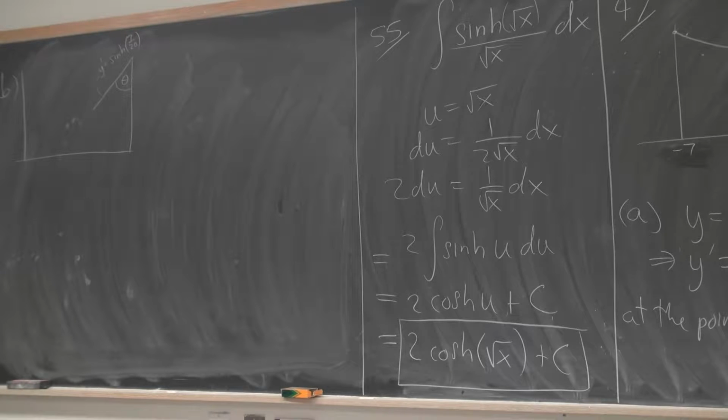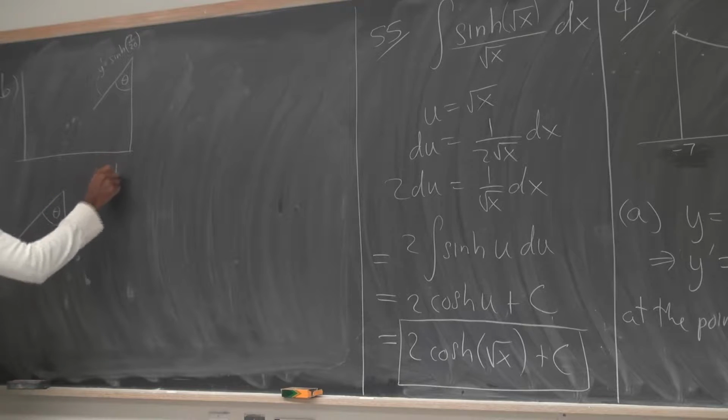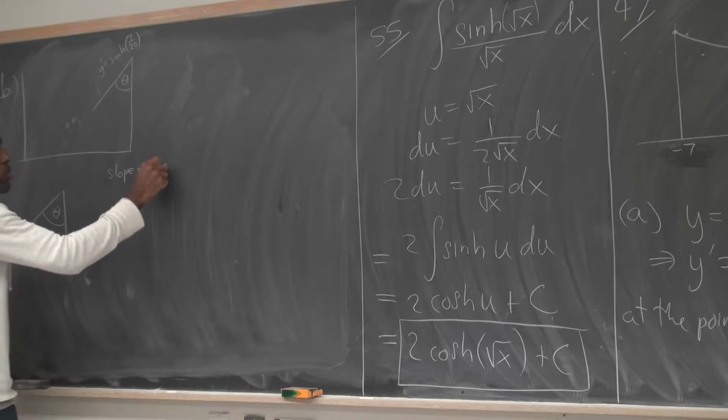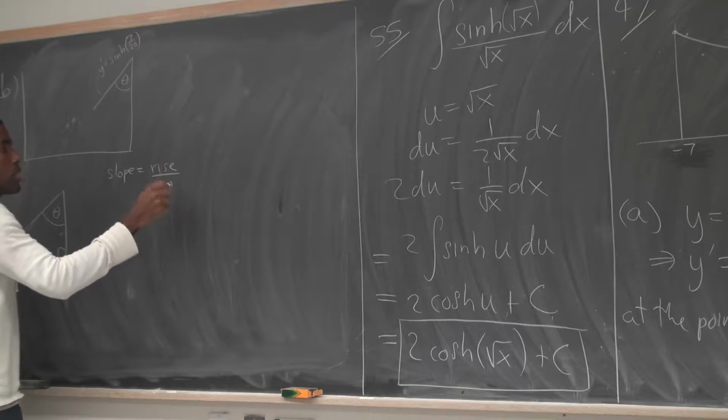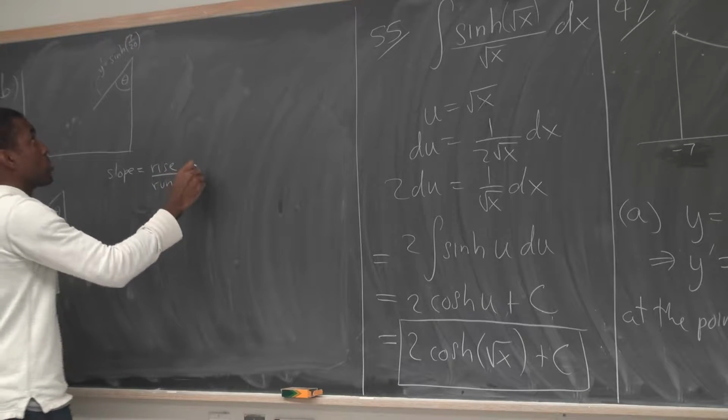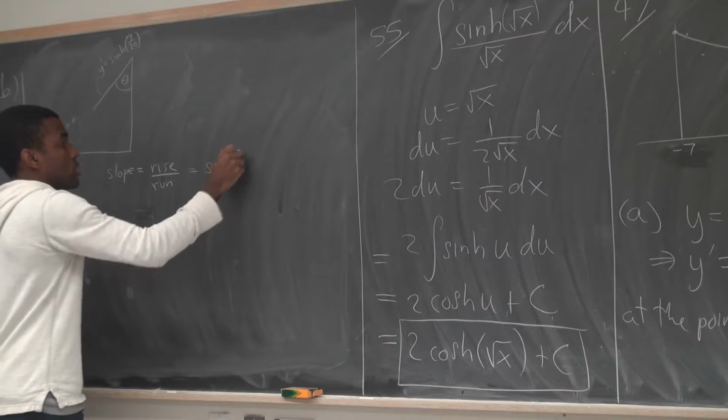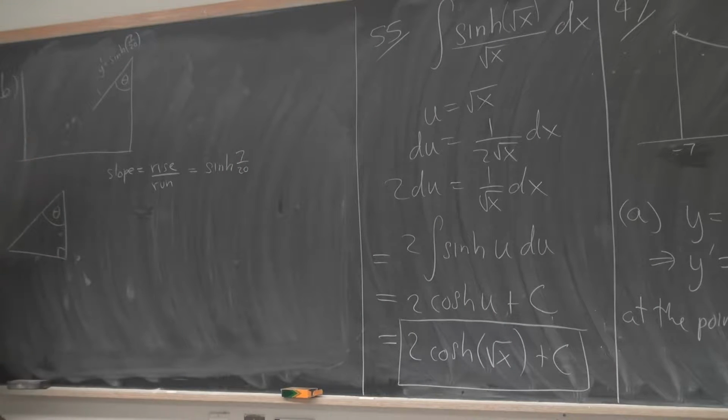What do you mean? Because I can draw this, I can create a right triangle here, right? And remember slope is equal to rise over run, right? Now that I actually know is equal to sinh of 7 over 20. So I can just think of that as sinh of 7 over 20 over 1, right? So then I know the height of this, I can call it sinh of 7 over 20, let the run be 1. And then I can just use trig.